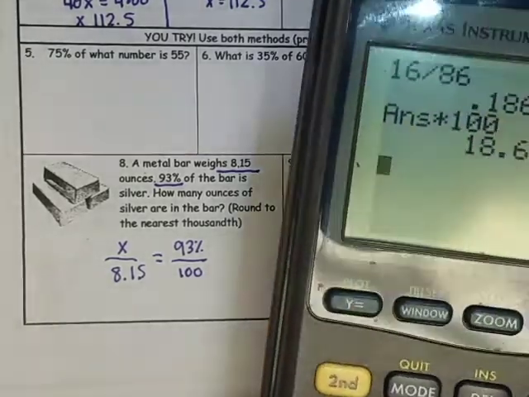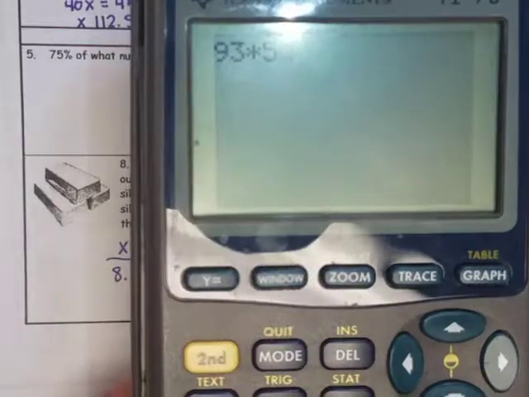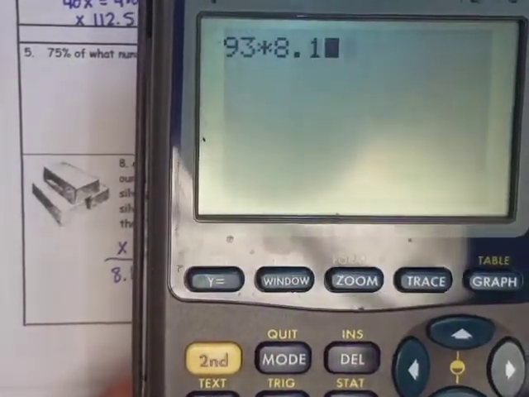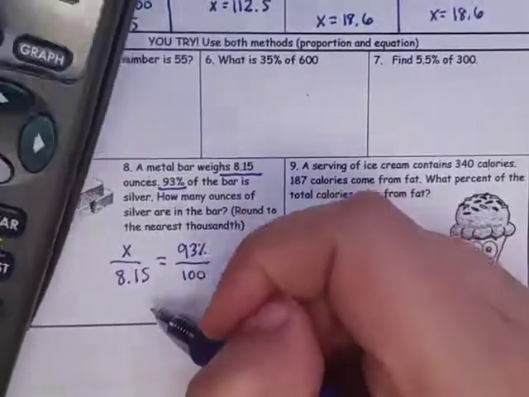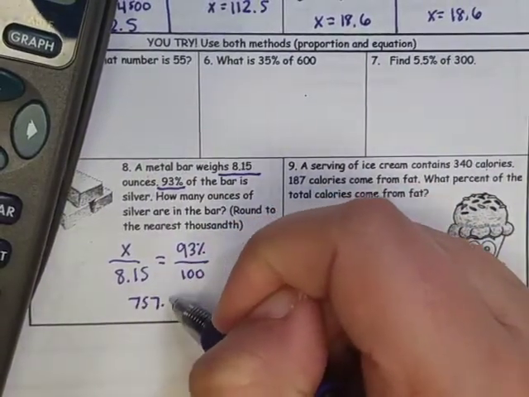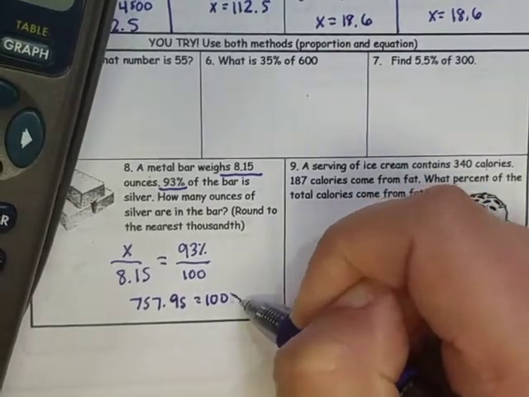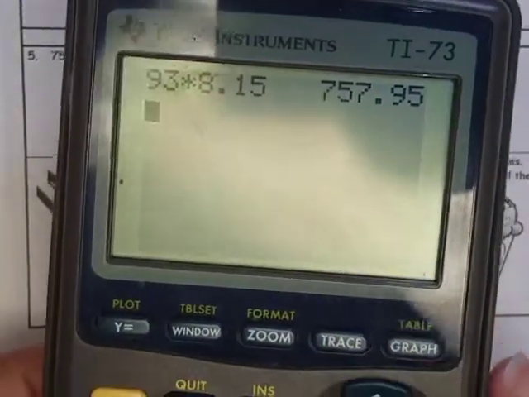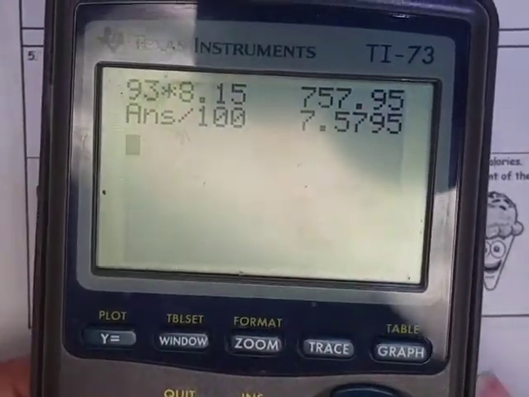All right, so 93 times 8.15 is 757.95. And that equals 100x. So now I'm going to divide by 100, and that gives me 7.5795.